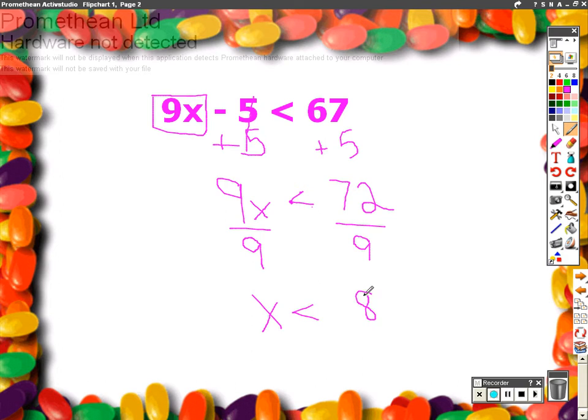Again, I will make my number line, and I'm going to put the number 8 on the number line, and a number less is 7, and a number more is 9. There's no equal to, it's just less than, so an open circle, and it's less than, so which number is less than 8, 7 or 9? 7 is, so I'm going to shade in this direction.